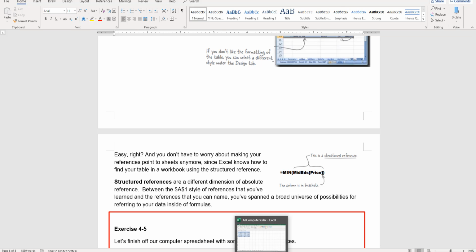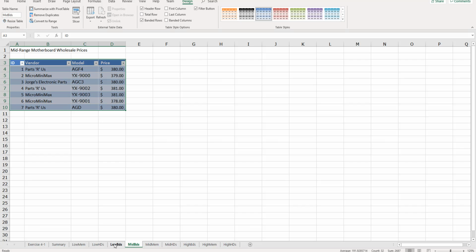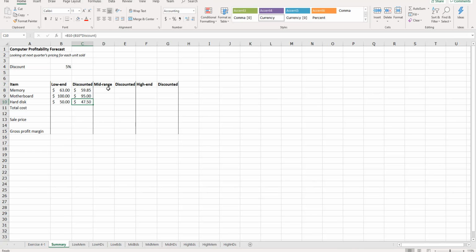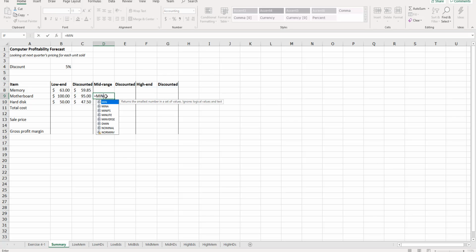So I'm going to go back into here. Let's go back into our summary sheets. And so for our mid-range, that was the motherboards. So I'm going to go equals, do the min, and then I will need, let's just see here. So what was it there?